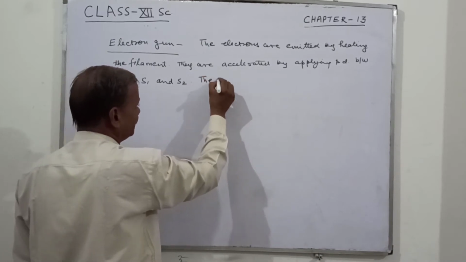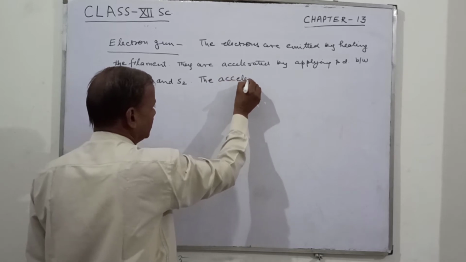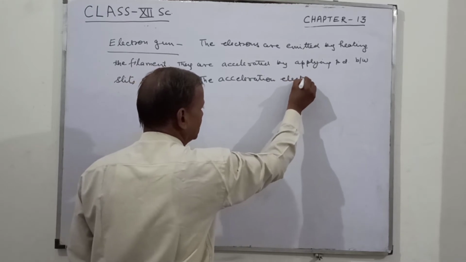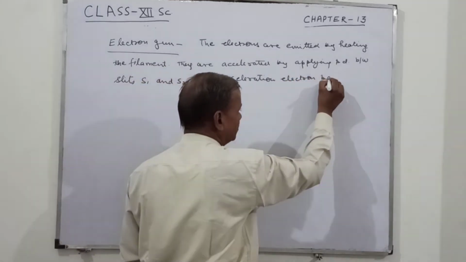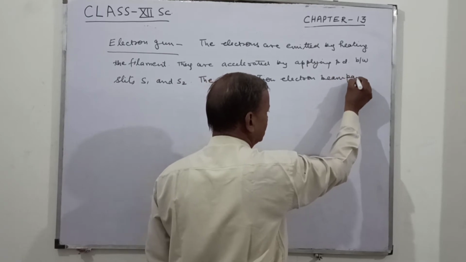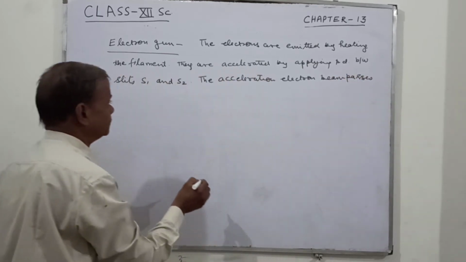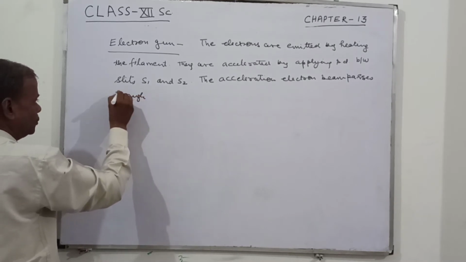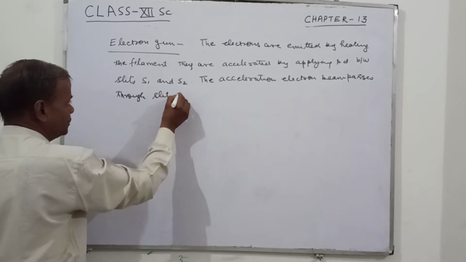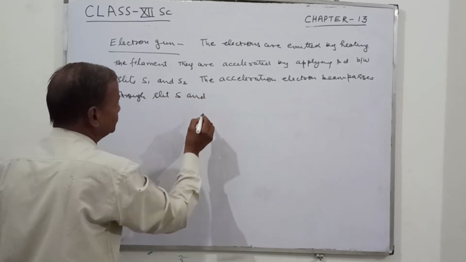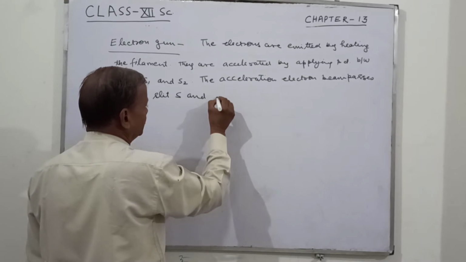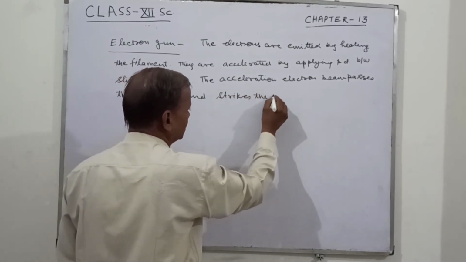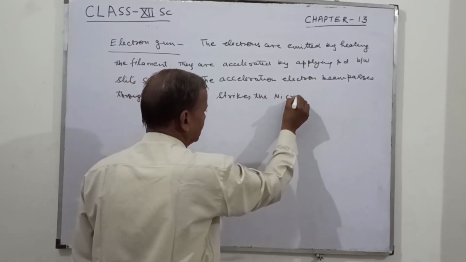The accelerated electron beam passes through slit S and strikes the nickel crystal.